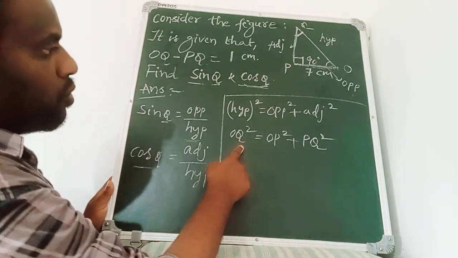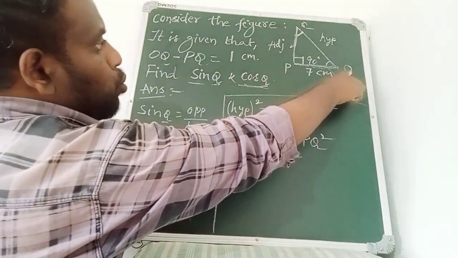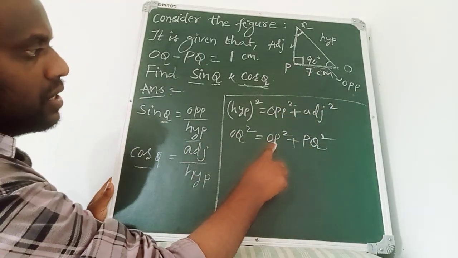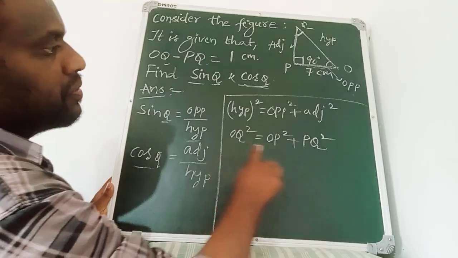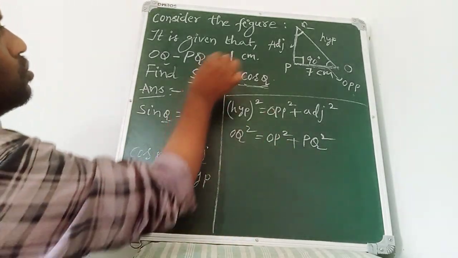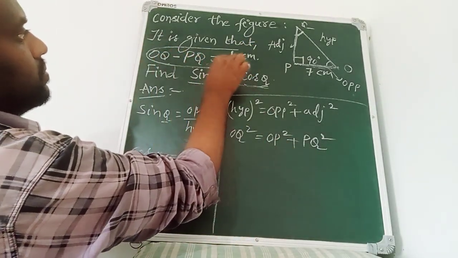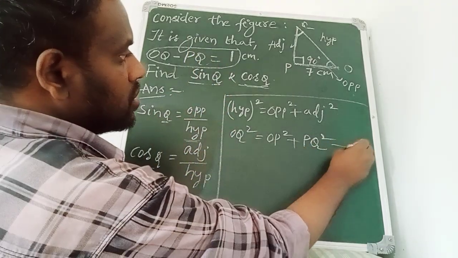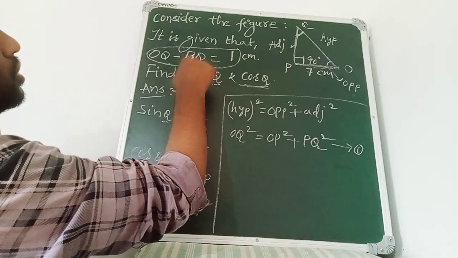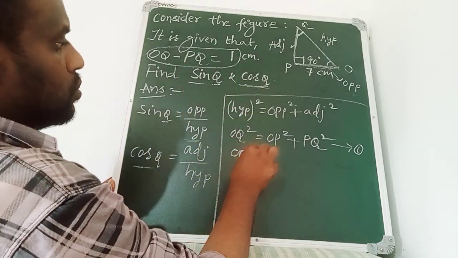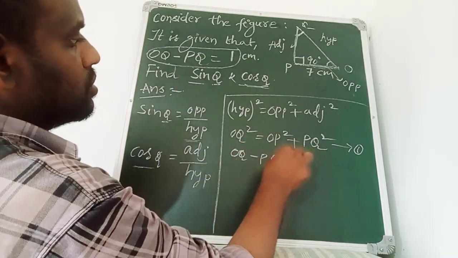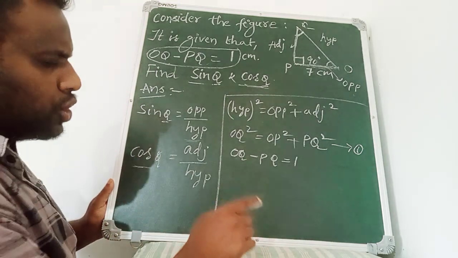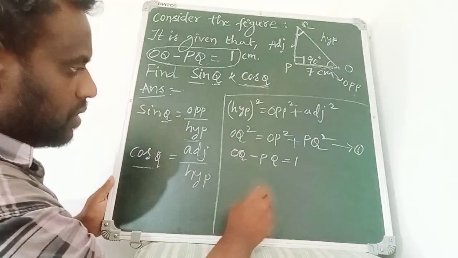Now next step: we have OP is equal to 7 centimeter. Before substituting the value for OP, first we have to simplify this further using this equation. Okay, so I will call this 1. Now take this, OQ minus PQ is equal to 1. Find OQ using this equation.